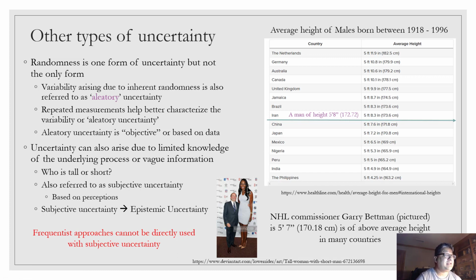So there is some subjectivity based on perceptions, and there is uncertainty because of that subjectivity, but that's another type of uncertainty. We're not going to deal with this type of uncertainty in this class. We'll largely be dealing with stochastic or objective uncertainties, where repeated measurements either help us eliminate, minimize, or better characterize that uncertainty.